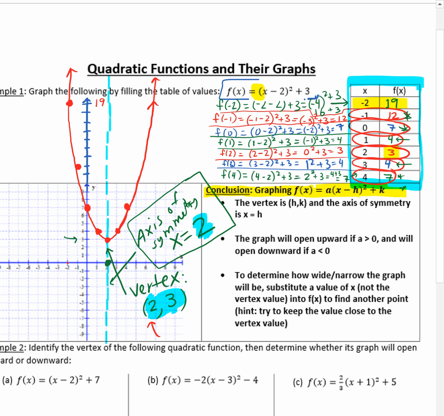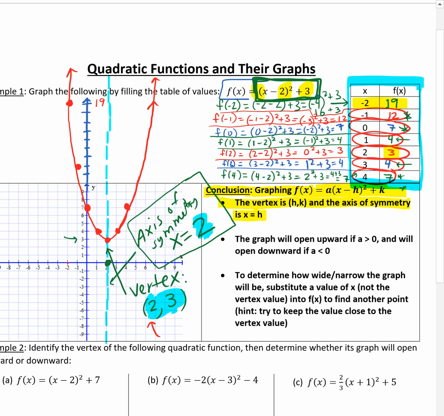Okay, this is something I want to point out because it's confusing. Like we saw with the function above, the number inside the parentheses with x, when you look at x minus 2 squared plus 3, it looks like it's a negative 2, but for the vertex it ended up being positive 2. So what you want to do is change the sign of h. Whatever sign you see in the parentheses for your function, if it's negative, make it positive when you declare your vertex.